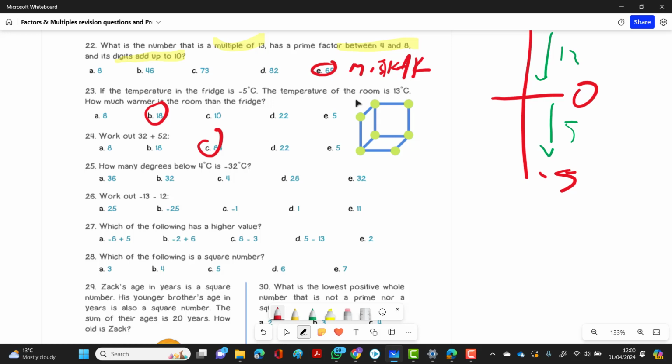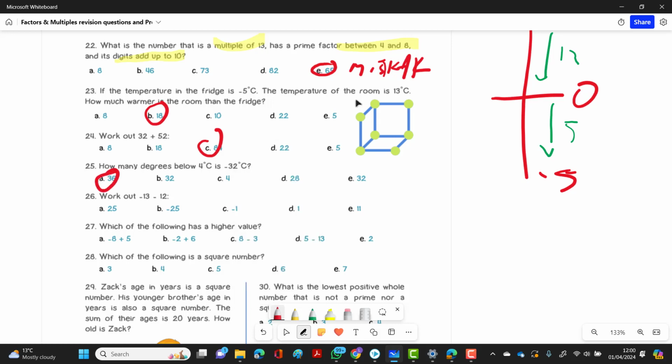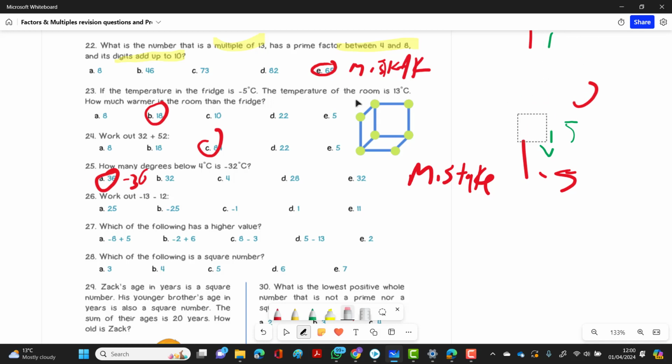So 25 should be A. So it's got a mistake here. Mistake. Minus 36. It's minus 25.